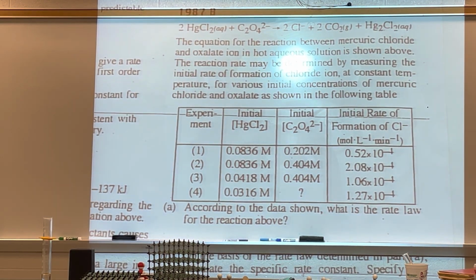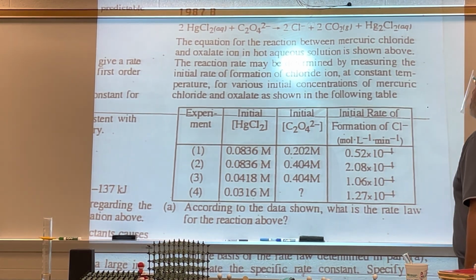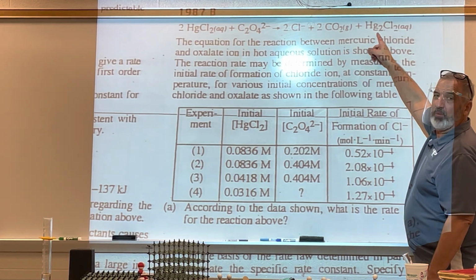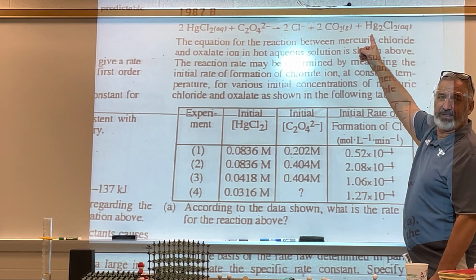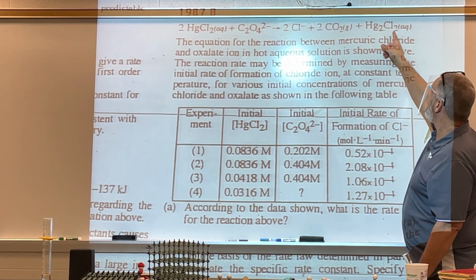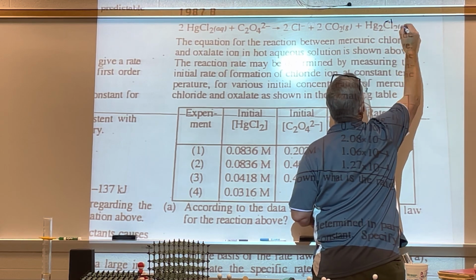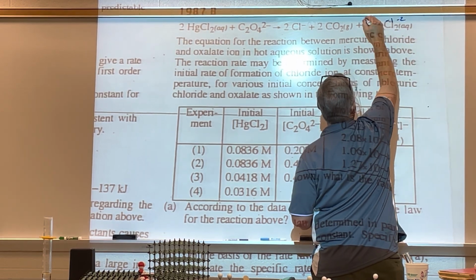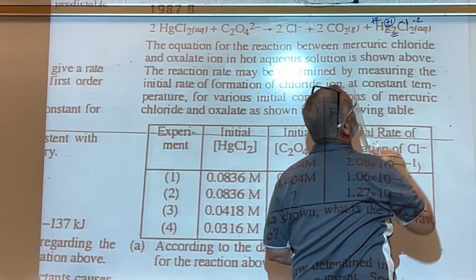Okay, so we have mercury 2 chloride combining with the oxalate ion and producing the chloride ion, carbon dioxide, and mercury 1 chloride. Now, again, note, mercury 1 is unique. It is a diatomic ion. But I know that chloride is -1, so that's a total of -2, so this must be +2. So each one must really just be +1.